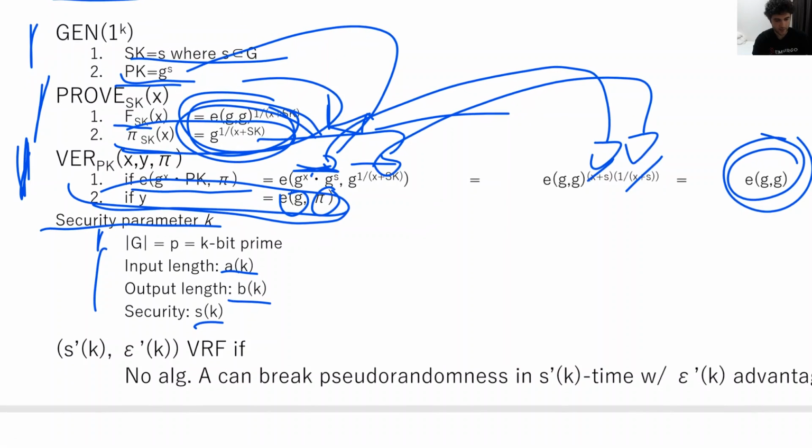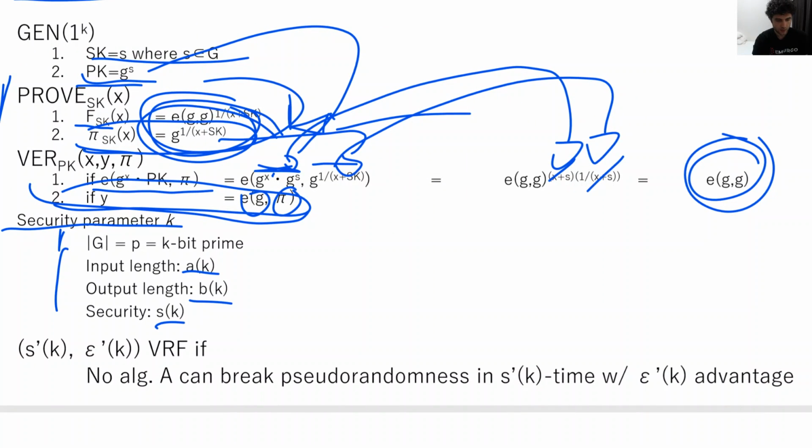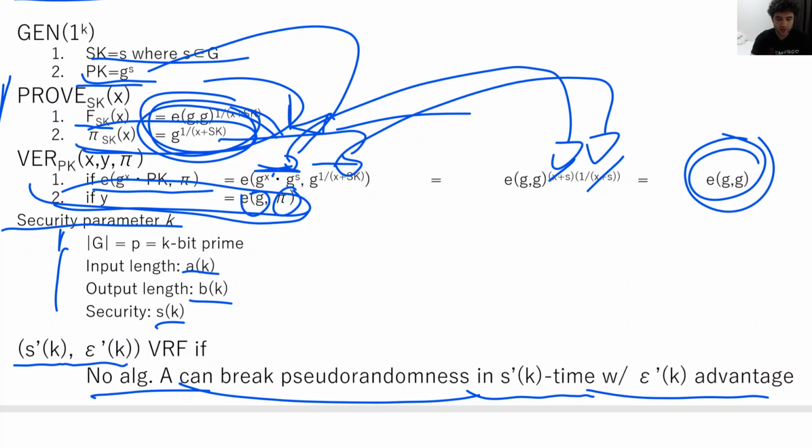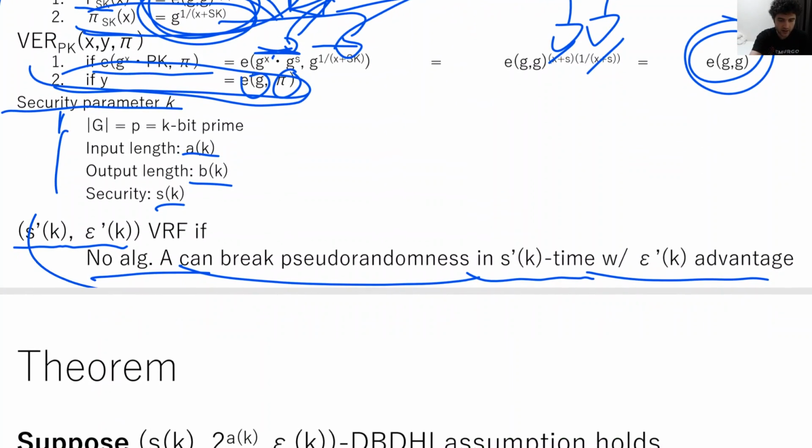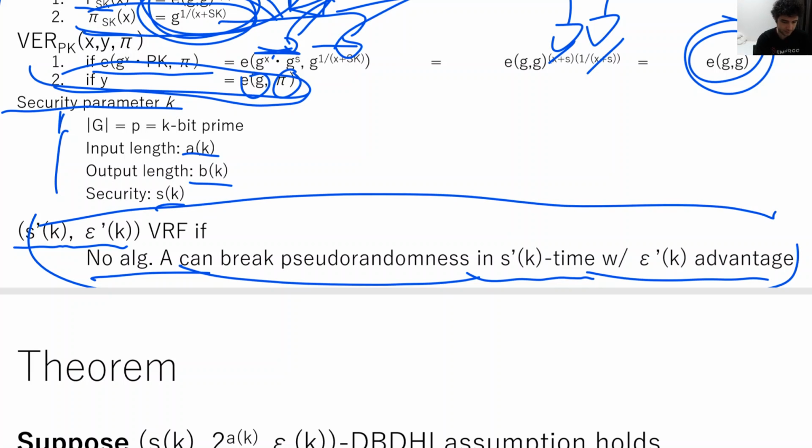Okay, and then we say that an s prime, epsilon prime VRF is one where no algorithm A, any algorithm A, can break the pseudorandomness in s prime k time with epsilon prime k advantage. Okay, so where exactly does this thing come in?